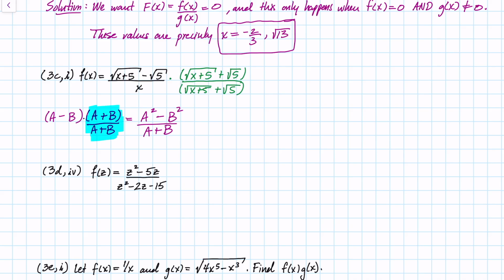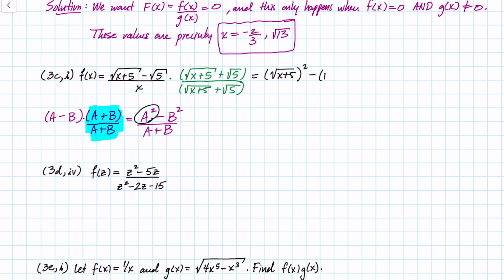And now we can do the first term squared, and when I do that over here, all I'm going to get is square root of x plus 5 squared minus the second term squared.